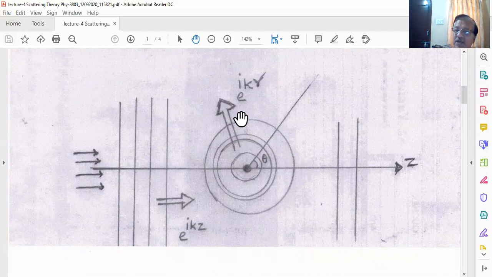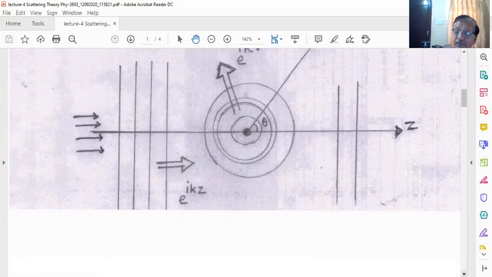These scattered waves are of different types. You have the S wave, the P wave, the D waves. These waves we would like to understand, and that is why I said that the first few waves, that is the S wave, P wave, D waves, are very important in scattering theory.